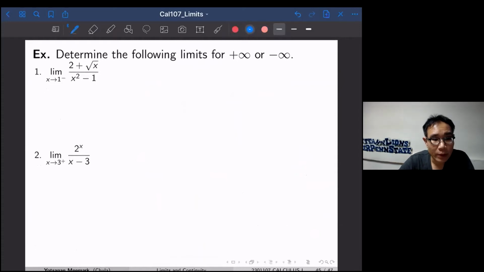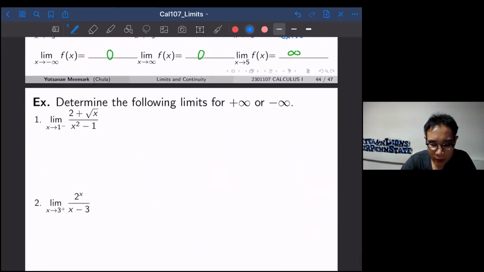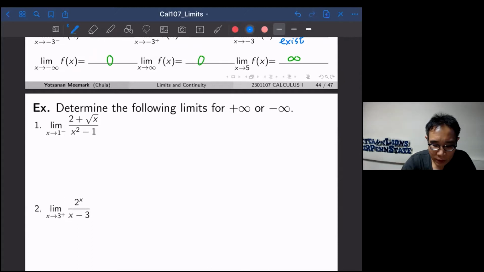So you have the limit as x goes to 1 from the left of (2 plus root x) over (x squared minus 1). For this one, you'd like to determine whether it's going to be positive infinity or negative infinity. So in order to test that, try to plug in first.